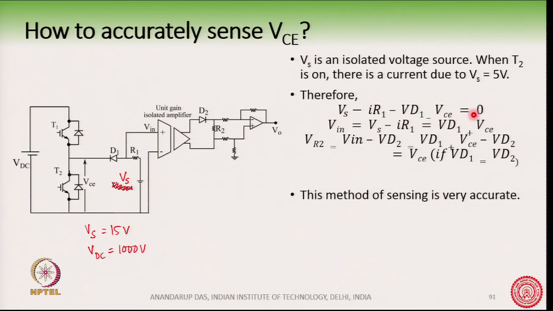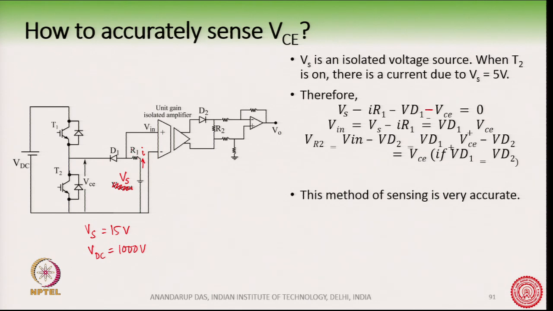The KVL is something like this: Vs minus I R1 minus VD1 minus Vce is equal to 0. The current flowing here is I, and Vs minus I R1 minus VD1, the drop across this diode, minus Vce is equal to 0.